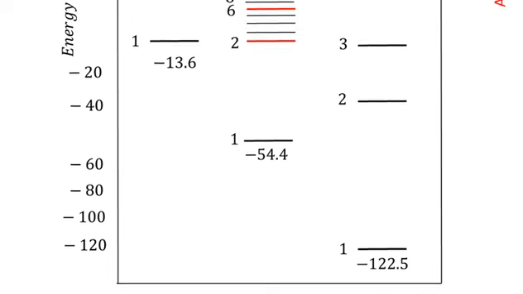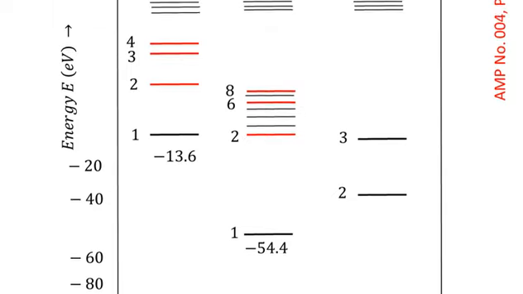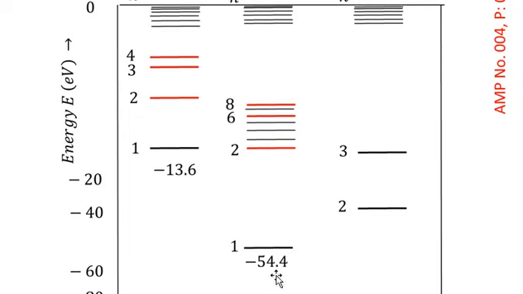And you see that I have also given, for example, minus 13.6 electron volts, which is the ionization energy of the hydrogen atom, or you can say the binding energy of the first orbit of the electron. Then the binding energy minus 54.4 is the binding energy of the closest electron in the singly ionized helium atom.